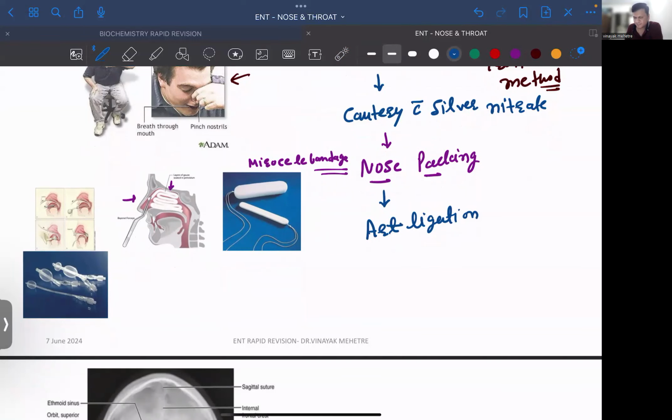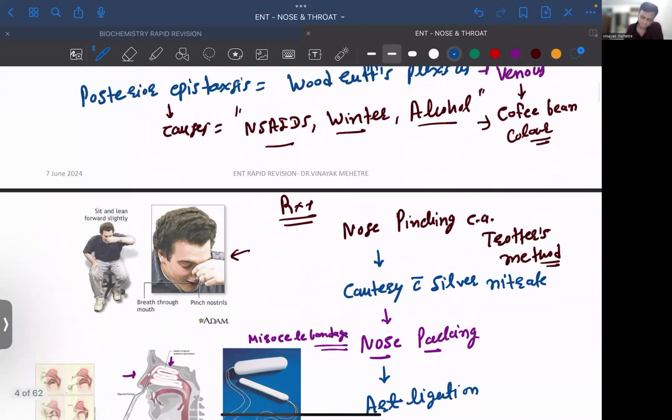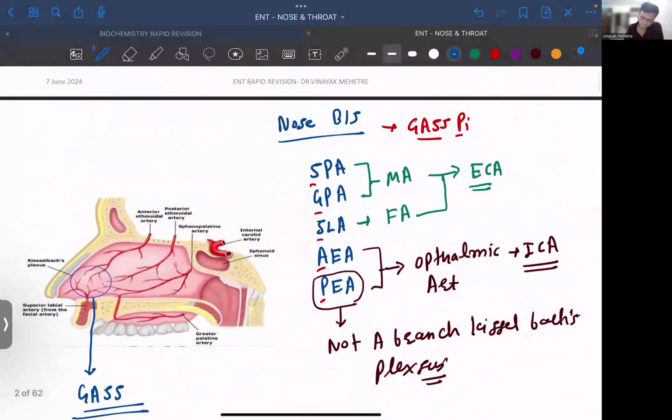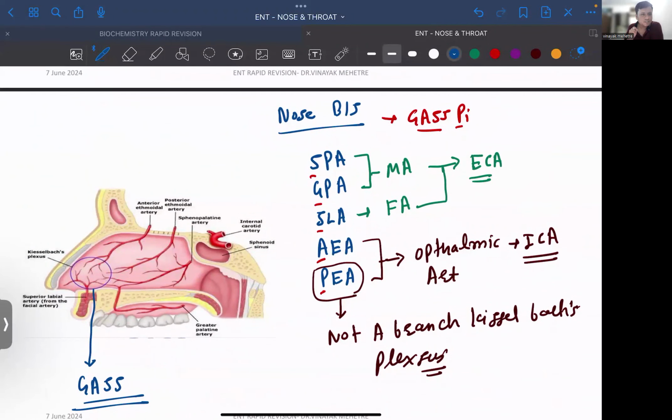Now tell me, which is the first artery that should be ligated? You would have thought this is time pass, but now tell me which artery should be ligated first. Most common artery leading to epistaxis, that is sphenopalatine artery, right?